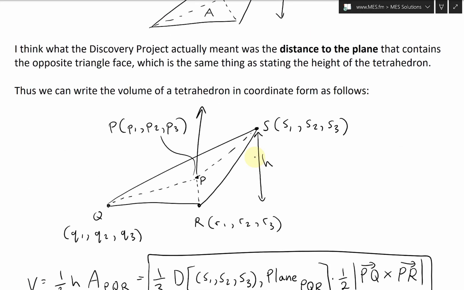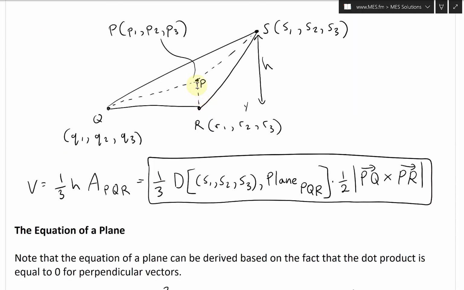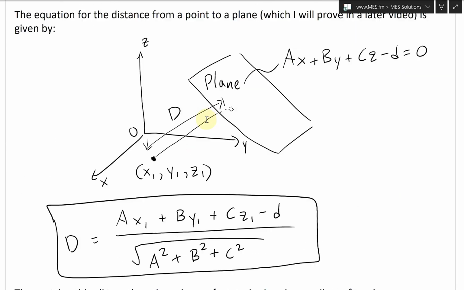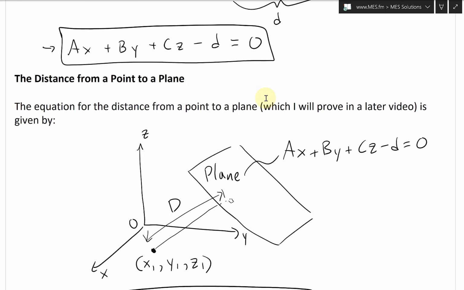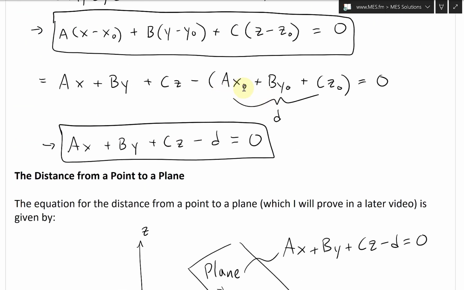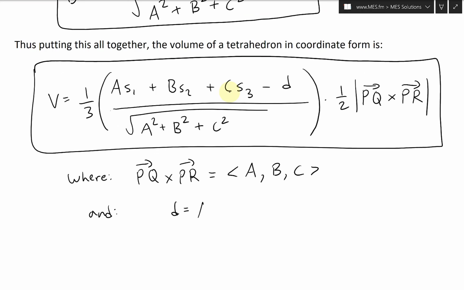So this is going to be our P there, and these are our x0s, y0s, etc. In other words, that's going to be this point right here. That's just the point P, and that's where we take the cross product from. So then we replace the x0 with the P coordinates. So D is equal to A, x1, P1.